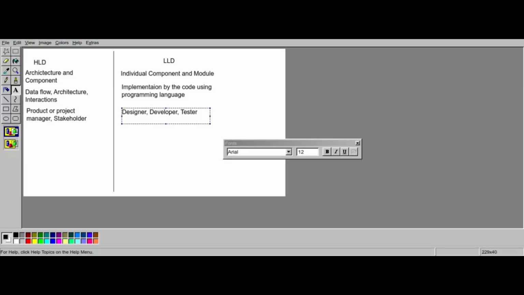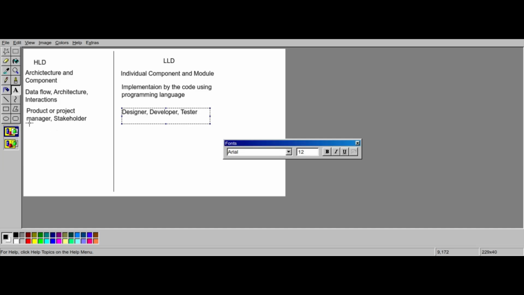For examples of high level design: user management, payment processing, reporting, and as I said, architecture and flow. Low level design is the implementation, like database schema, API implementation, database design, and the authentication process, meaning sign up and sign in.